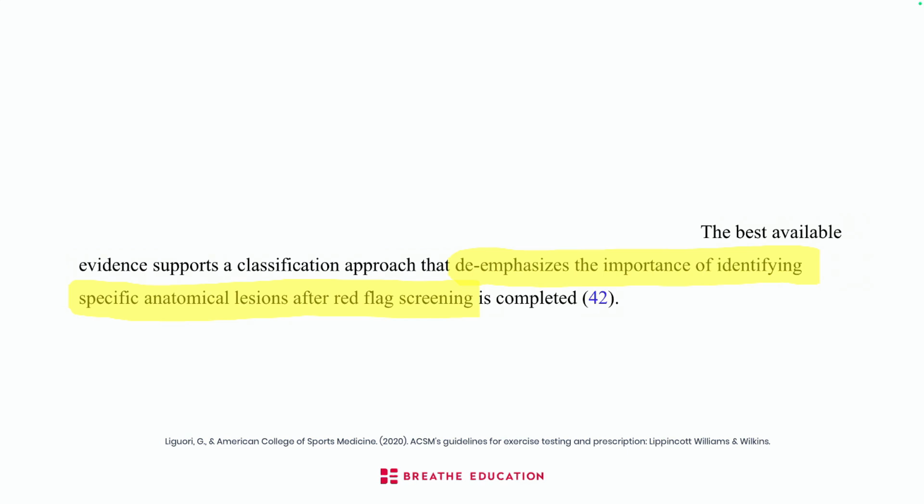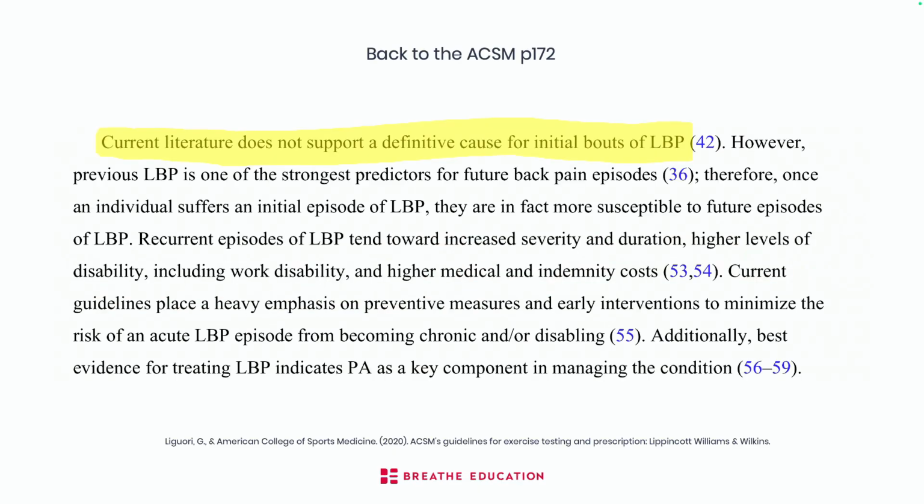After we've cleared red flags, we should de-emphasize the importance of identifying specific anatomical lesions, because current literature doesn't support a definitive cause for low back pain. So we can't identify a definitive cause once we've ruled out red flags. So we shouldn't emphasize identifying specific anatomical lesions.